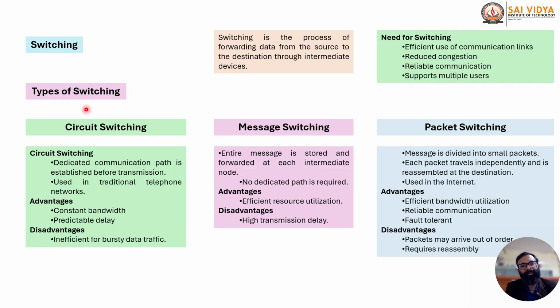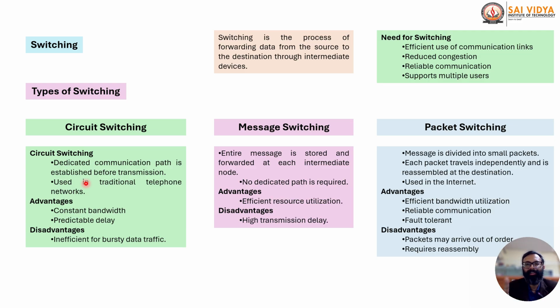What are the types of switching? Types of switching are circuit switching, message switching and packet switching. So what is circuit switching? Whenever sender and receiver are connected, a dedicated line is to be established. Example, telephone line.